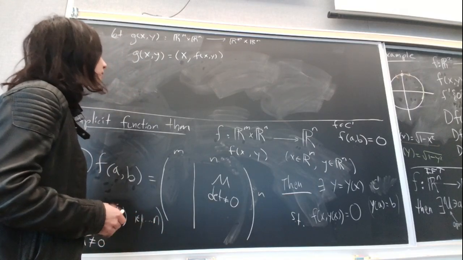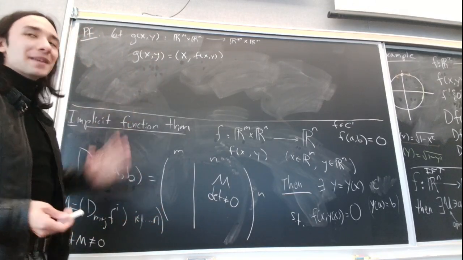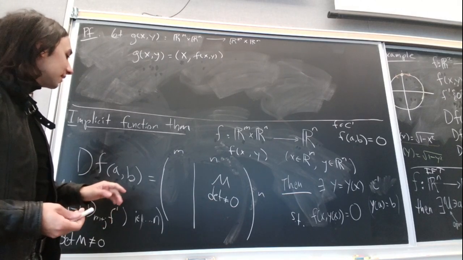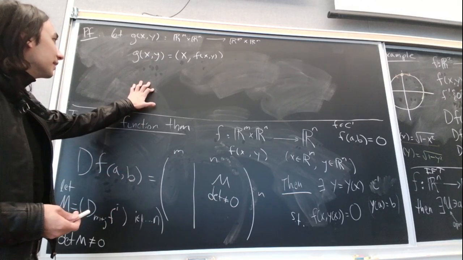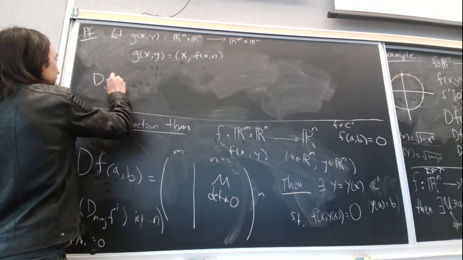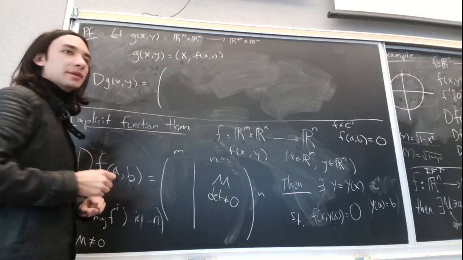So we need to verify that the derivative has a non-zero determinant, that it's invertible. Let's figure out what the derivative of this is. You guys can help me. So dg at x, y is a matrix. Now we know of what dimension.